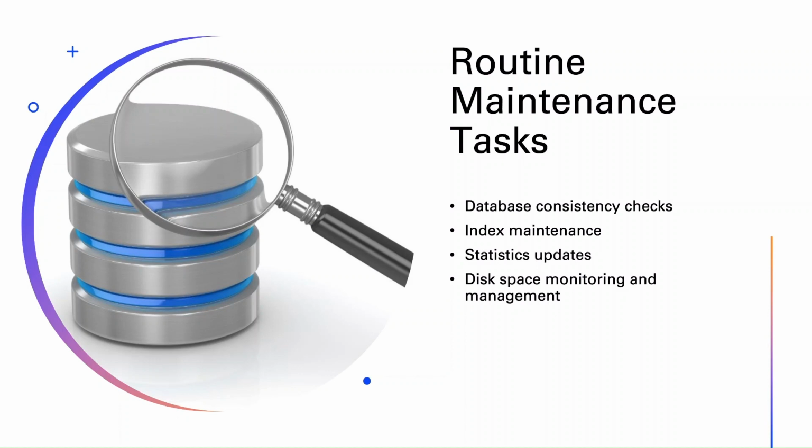Then you've got your statistics updates. There's auto statistics updates, but a lot of times you'll want to rebuild your statistics every so often to make sure that they're as close to accurate as possible for your optimizer to make the best query plans possible.